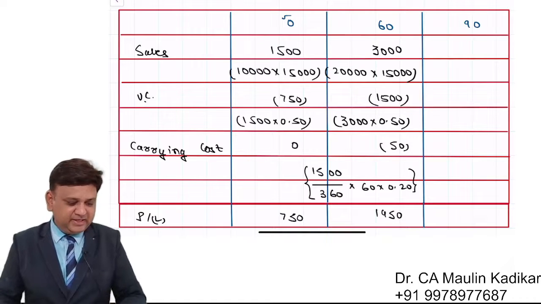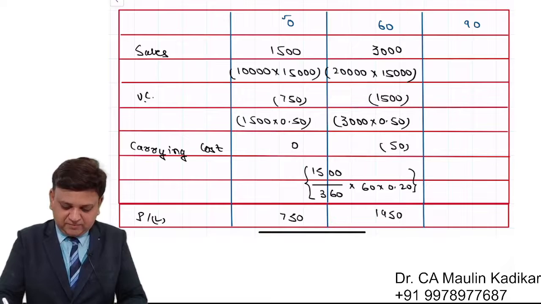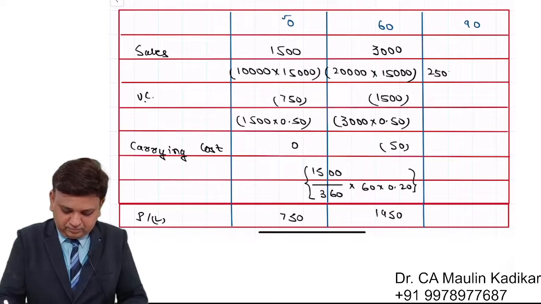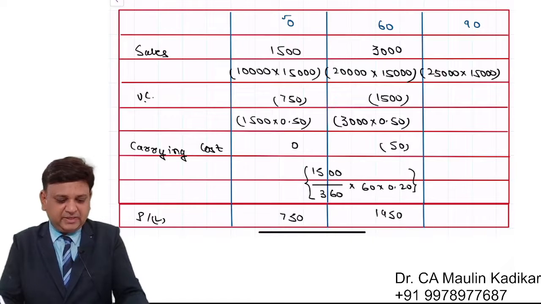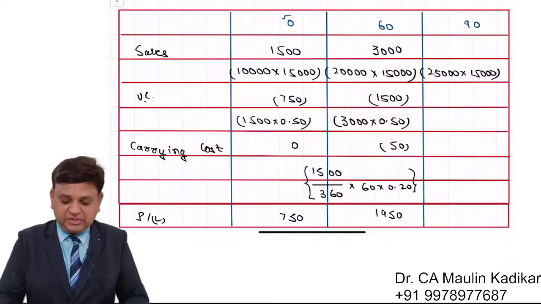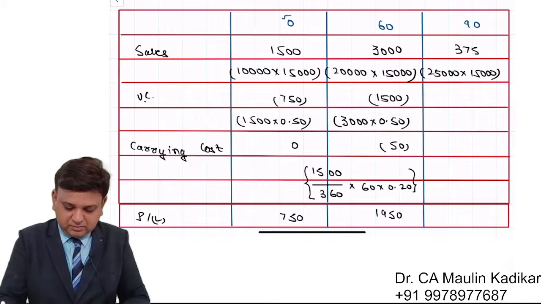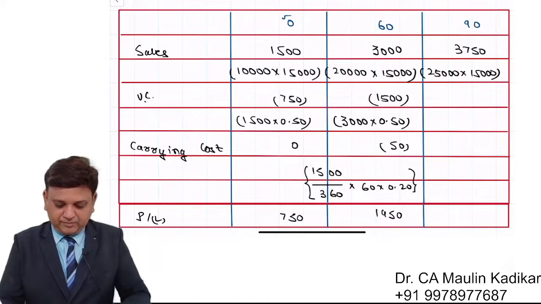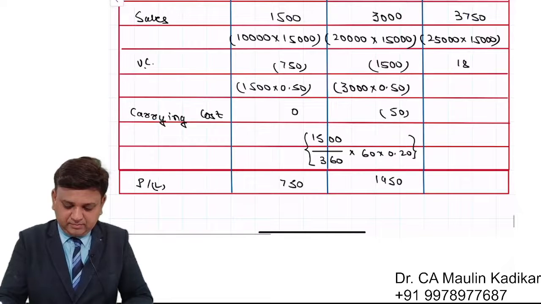In case of 90 days, the sales quantity is 25,000. Selling price is 15,000. So it is 3,750. Variable cost is 1,875.